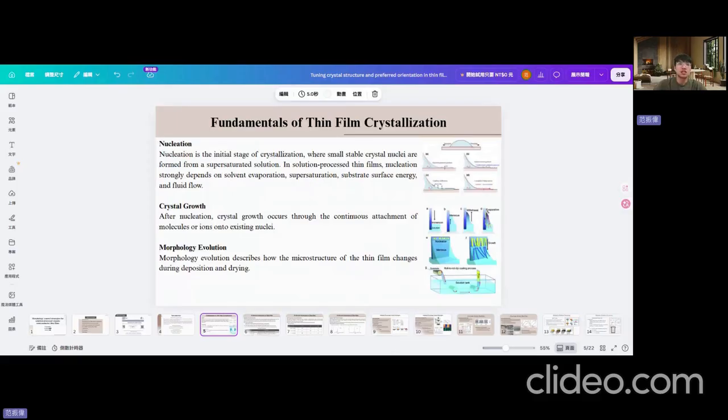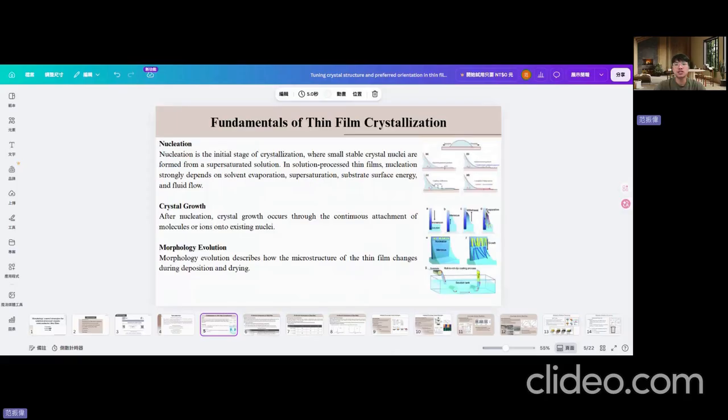And the next step is crystal growth. The review paper reported that crystal growth significantly increases the coherence length and carrier mobility in organic semiconductor thin films. And then the final step is the morphology evolution.